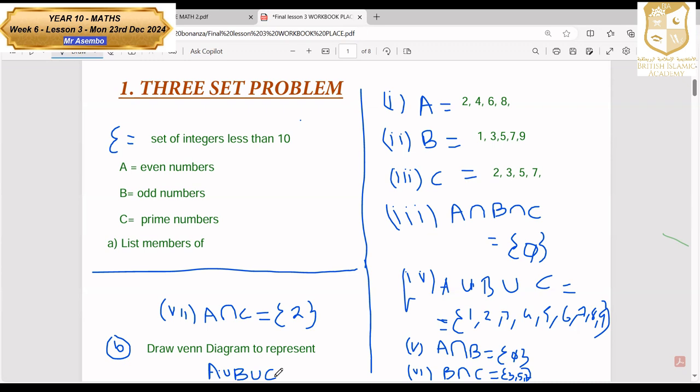In sets 1, you were only representing 2 sets, but in this one we are using 3 sets.